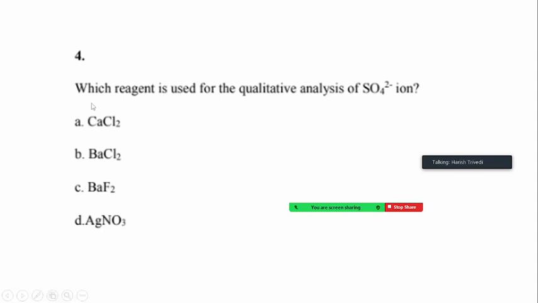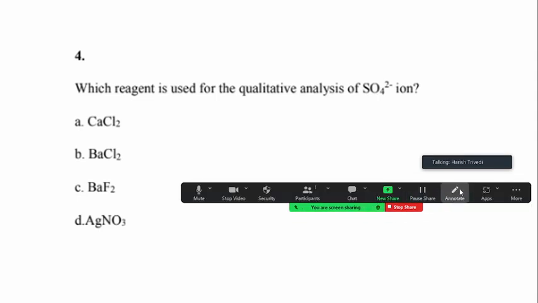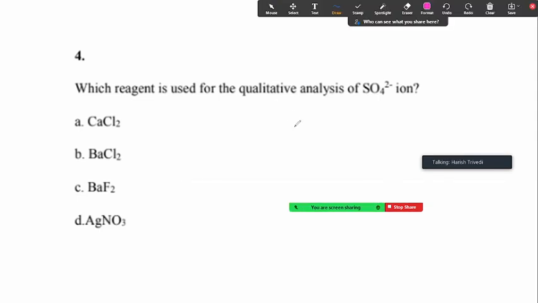Question number 4 is, which reagent is used for qualitative analysis of sulfate ion? Sir has explained about this. Sulfate ion, SO4 2-. If this sulfate ion is present in solution, sometimes we can also analyze quantitatively.